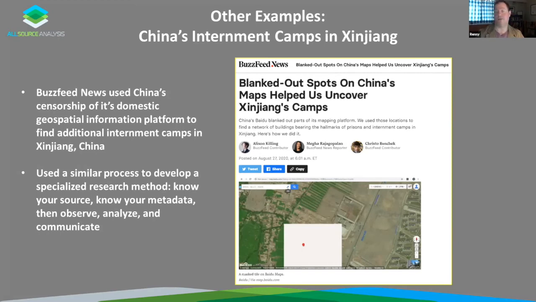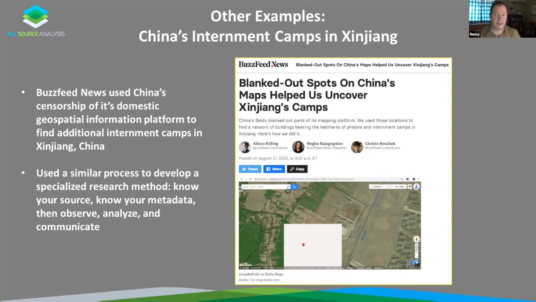They didn't know why there were image gaps at first. Taking other information they had and comparing it to where these gaps were, they found, wait a minute, it looks like several of these gaps are over internment camps that we've identified, where Muslim Uyghur populations in Xinjiang are being directed and forcibly interned for long periods against their will.